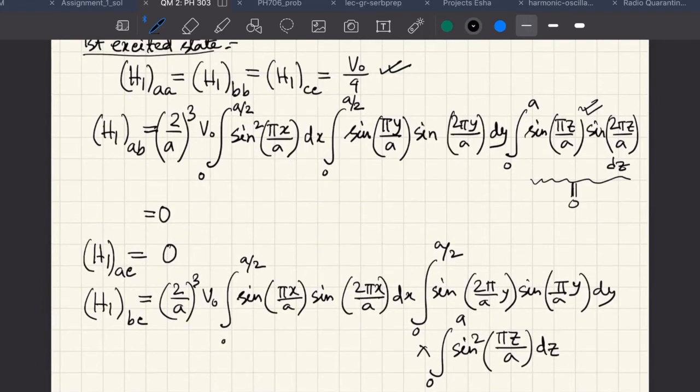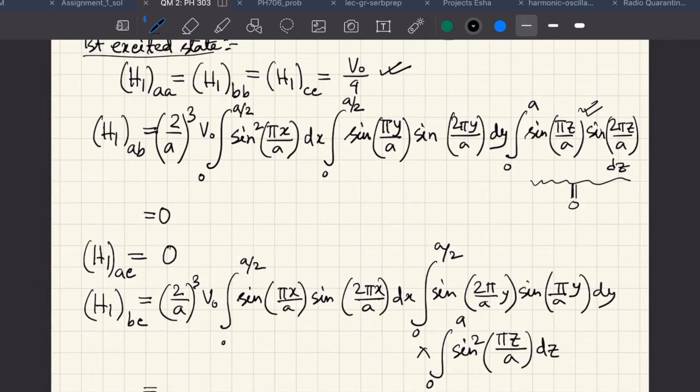In fact, if you evaluate, this is going to give us 8 V naught by A cube. This first term, please check this, is going to give us 2A by 3 pi. The second term also gives 2A by 3 pi, and the third term gives A by 2. And therefore this finally gives you 16 V naught by 9 pi square. That is your answer for H1BC.